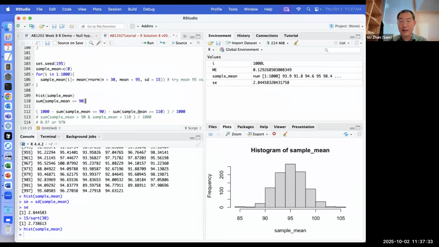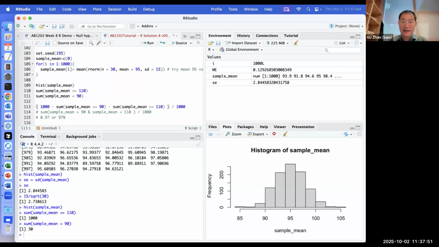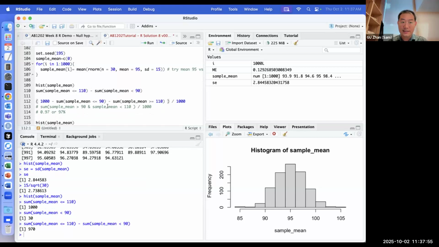So what we will do is we find those lesser than 110. Yes, all of them are lesser than 110. How many are lesser than, say, 90? 30 are lesser than 90. So we use this one minus this one, you will get 970. So there will be 970 in between 90 and 110.